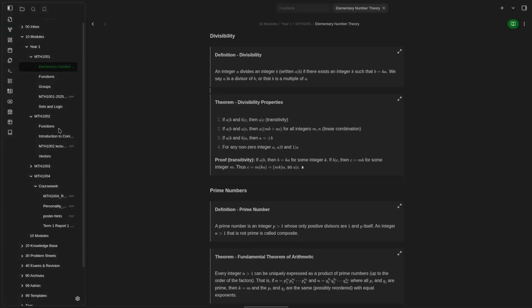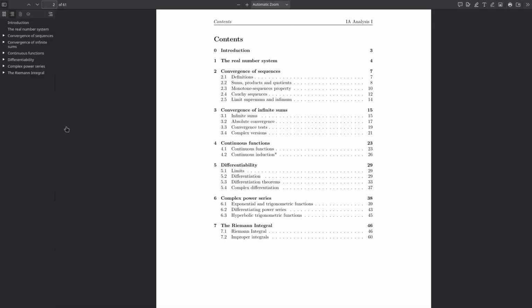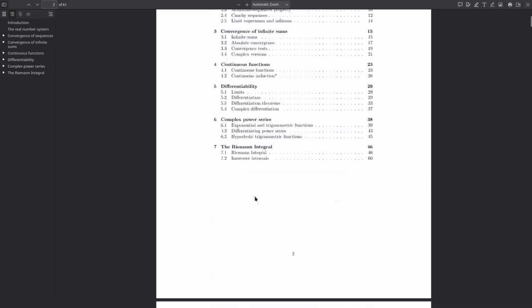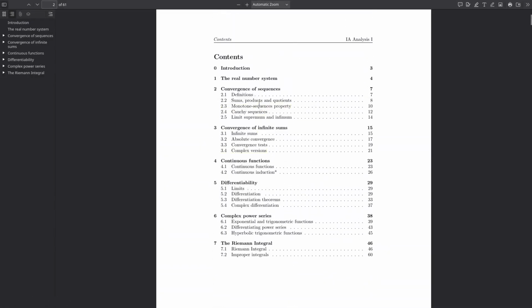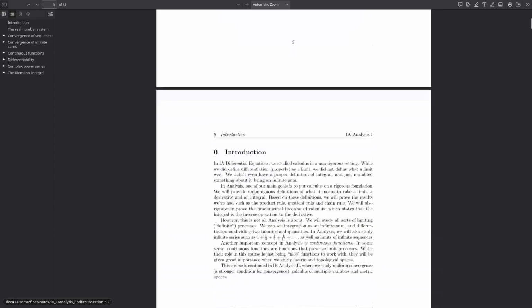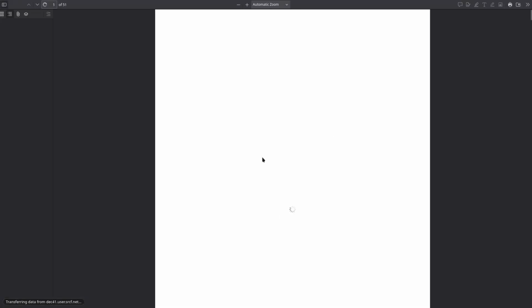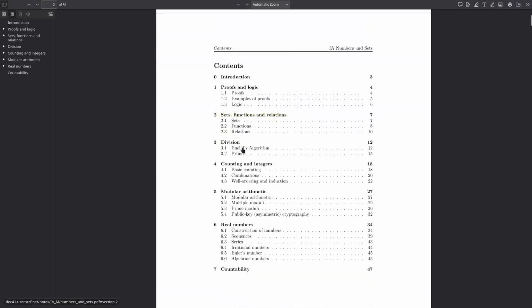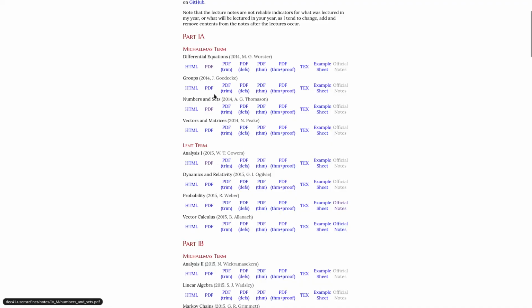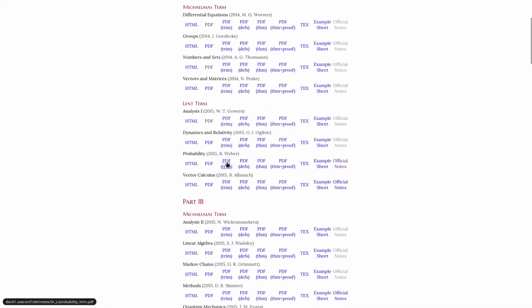What have I done? Functions and introduction to... There's nothing on functions, and I don't think there will be unless it's in here. Set function, that's a different kind. That's more like structures. Groups, differential equations, vectors, matrices.